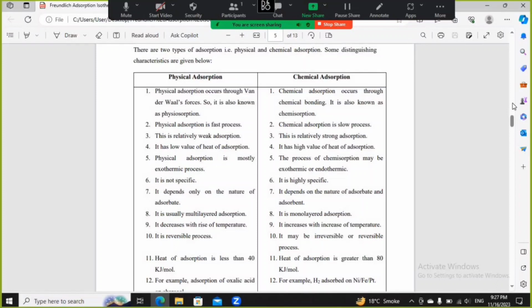Physical adsorption is relatively weak adsorption, chemical adsorption is strong adsorption. Physical adsorption has low value of heat of adsorption, while chemical adsorption has high value of heat of adsorption. Physical adsorption is mostly exothermic, while chemical adsorption may be exothermic or endothermic. Physical adsorption is not specific, while chemical adsorption is highly specific.